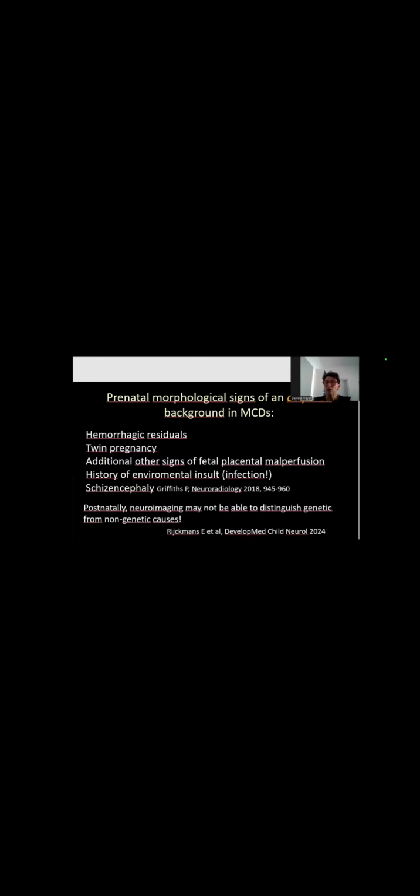Why do we have to make this differentiation prenatally if possible? Because postnatally, neuroimaging may less be able to distinguish genetic from non-genetic causes.